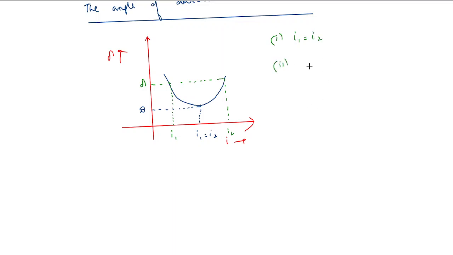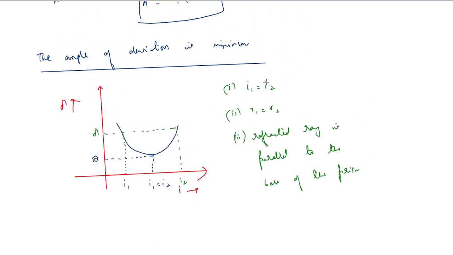Second, we get R1 is equal to R2, and also we realize that the refracted ray is parallel to the base of the prism. And in this case, delta becomes capital D, the angle of minimum deviation.